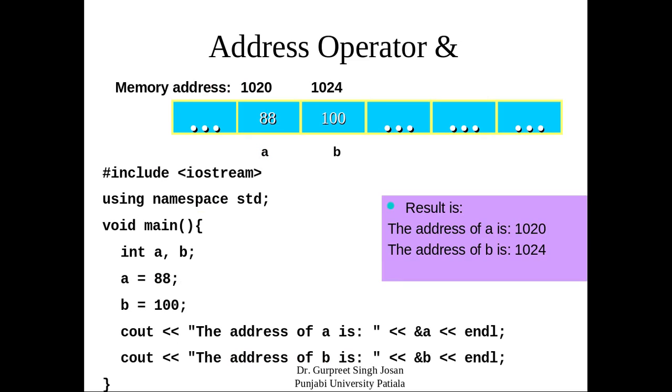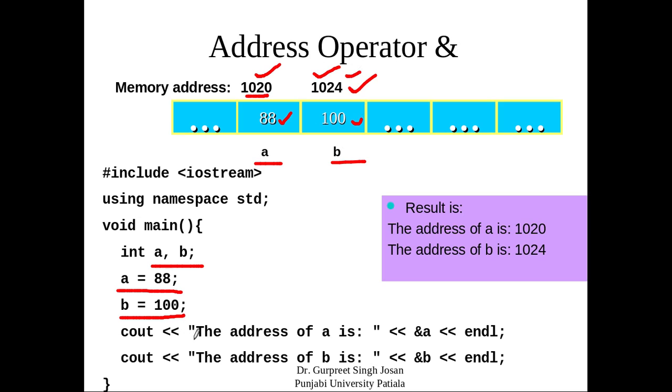Now, coming to one more example. I have declared two variables a and b. In memory, allocation has been done for variable a and variable b. Suppose the address of variable a is 1020 and of variable b is 1024. Now if I write the statement a is equal to 88, this puts the value 88 at the location 1020. Similarly, b is equal to 100 means I am putting the value 100 at the location 1024.